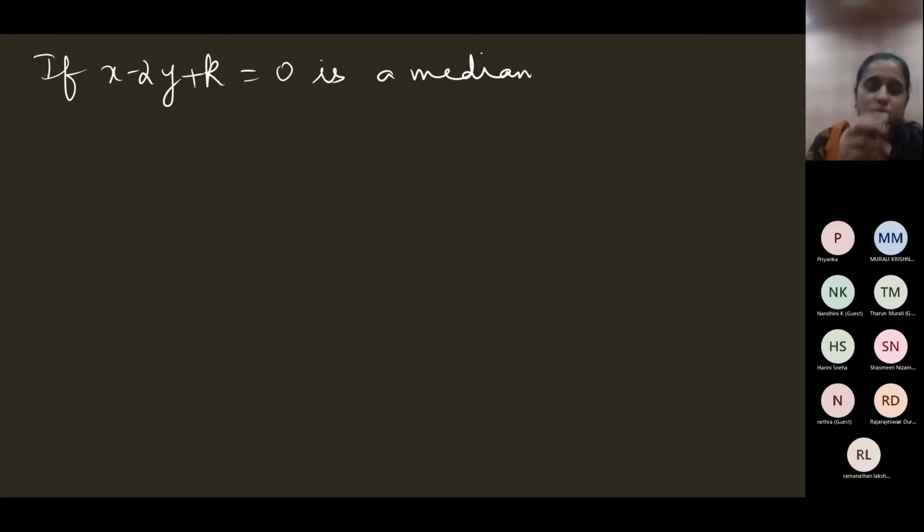So x minus 2y, you can see x there, you can see y there, plus k is equal to 0. So this is the equation of a median. Which median, we don't know.